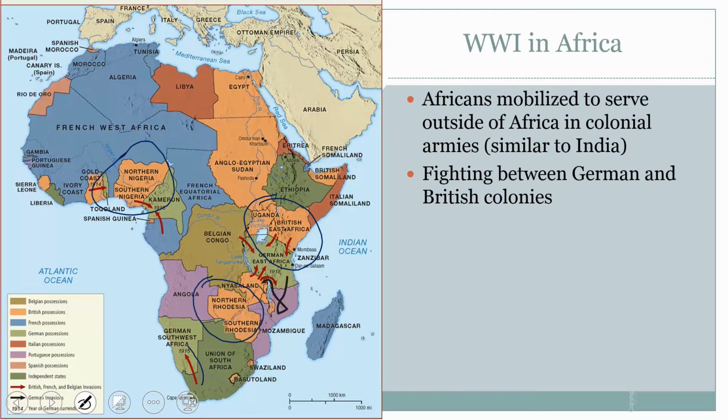So you really have an extension of the World War going on in the colonies, where the British officials in their colonies are fighting against the German officials in the colonies, and the soldiers that are fighting are typically the Africans in those colonies. They adopt a total war strategy, a scorched earth policy where casualties are very high. They'll basically attack anything that has military significance. This fighting is just as brutal and just as ugly as the fighting that's going on in Europe.